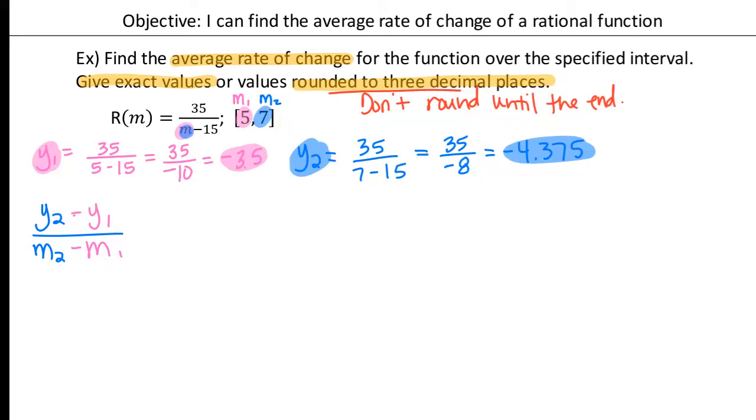You can say they're x's though. X's is the same thing, it's just a different variable. Okay, so the y2 we got was negative 4.375 minus a negative 3.5 all over m2, which is 7, minus m1, which is 5.